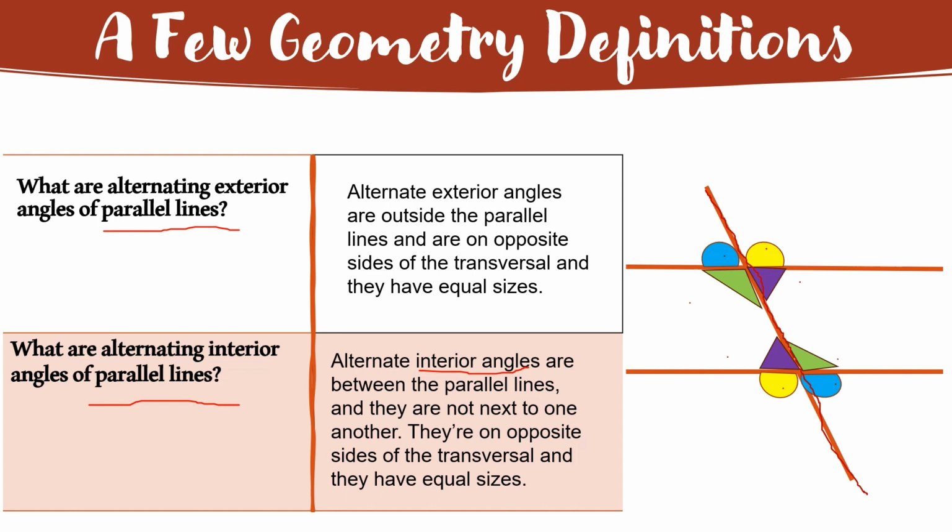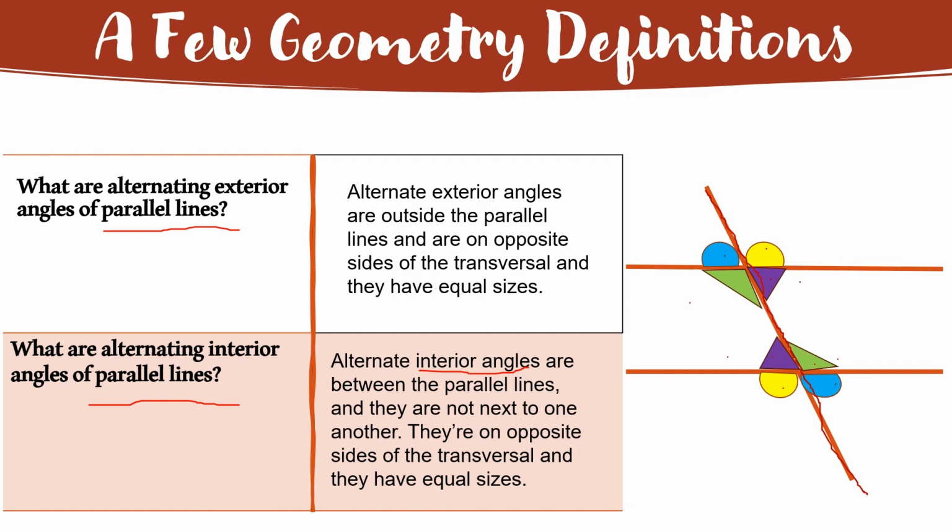And the same holds true for interior angles. You have one here, and on the opposite side of the transversal, you have one right here. And when you look at this side, you have another interior angle here, and one here. And the important thing to remember is if the angles are on opposite sides of the transversal, they have the exact same size.